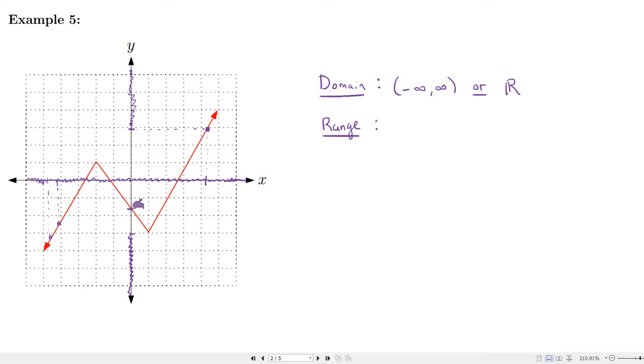For example, this output is made at this point on the curve, this point, and this point, which is perfectly fine. We just happen to have three inputs that go to the same output. But all of these y values are definitely outputs. So unlike the previous example where the range was slightly restricted, this one goes from negative infinity to infinity.